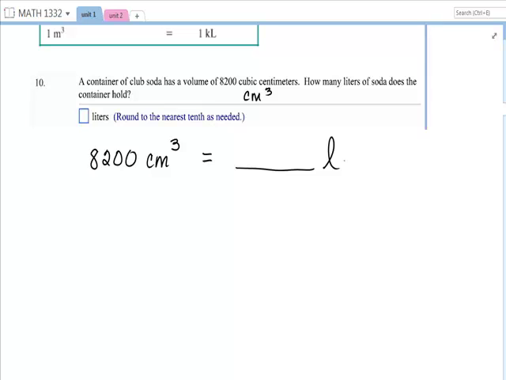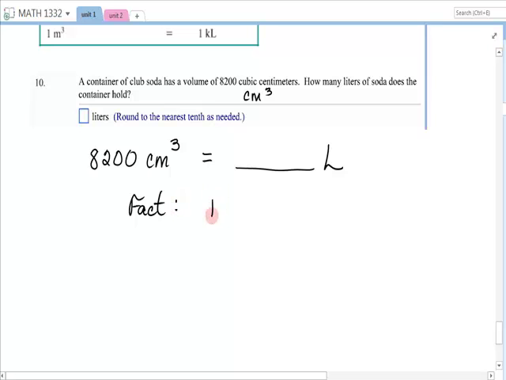Table number 9.7 says that 1,000 cubic centimeters is 1 liter. And I use a cursive L, they use a capital L. But yay, thank you. You just got us what we needed. We need the fact, and I didn't even realize this fact was around on the sheet. 1,000 cubic centimeters is 1 liter.